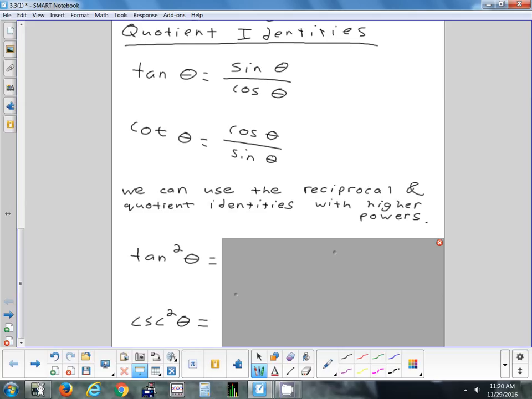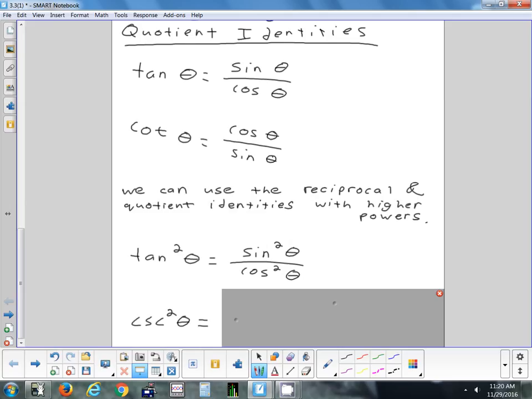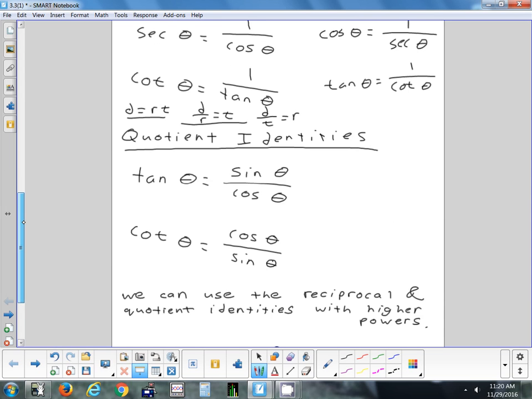Yeah, it would be sine squared over cosine squared. It's basically just squaring everything. Tangent cubed would be sine cubed over cosine cubed. We generally don't go that high. You might see it with squared. Technically, you could see it with any power you want, but in this class, I think that's probably as high as we could go.